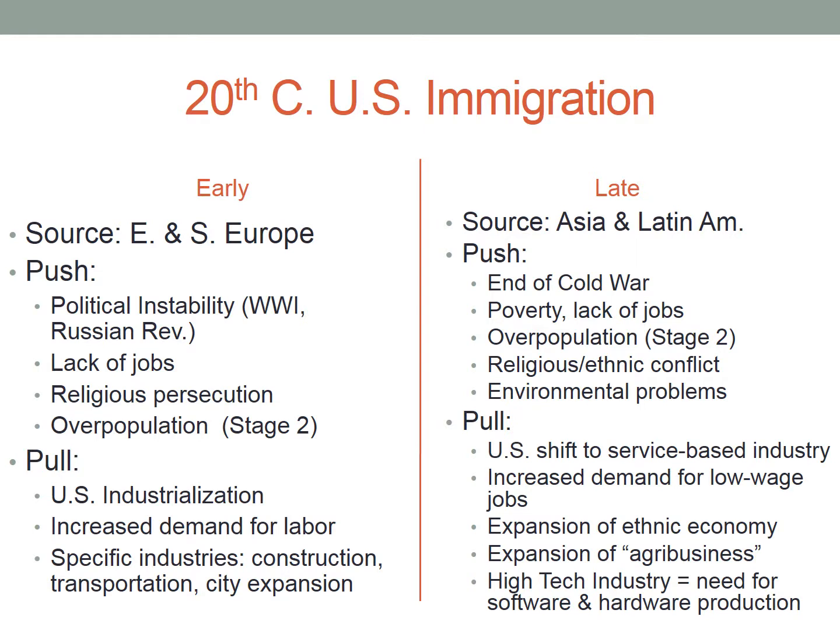So a couple different examples. This is actually from a released FRQ, so I'm not going to go over this a whole lot, but there's a lot of information here about different historical examples that would have served as push and pull factors. I want you to go through and identify ones that you are familiar with.